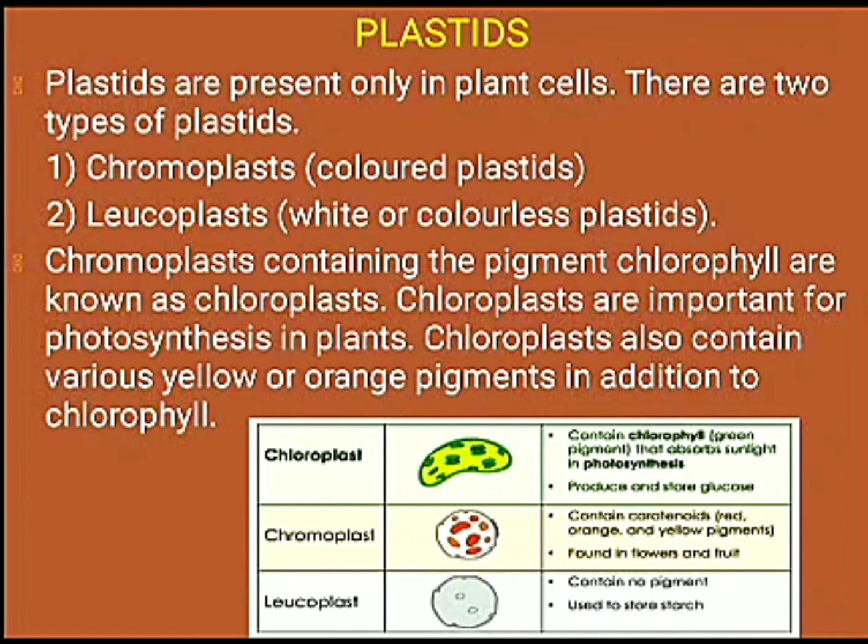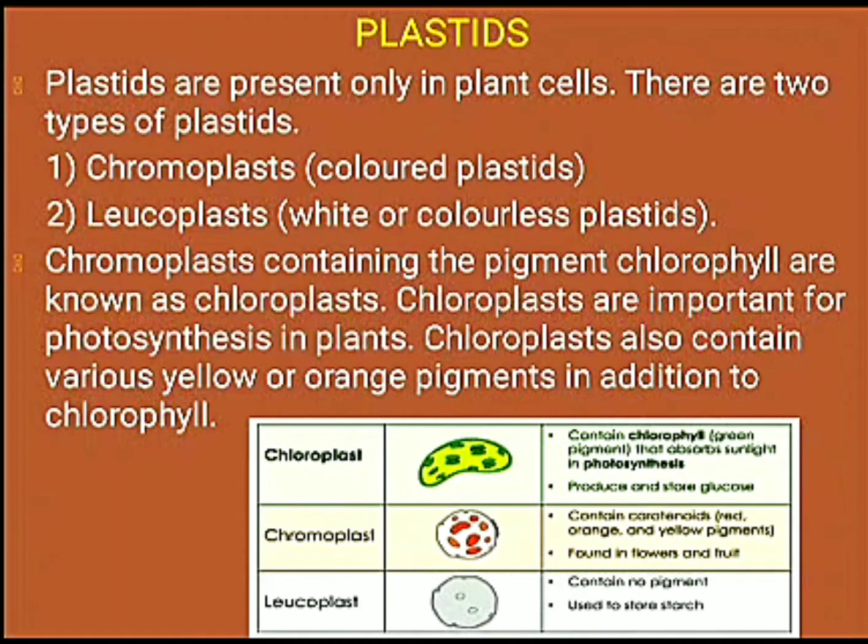Now let us talk about one more organelle which is only seen in plant cells but not animal cells. That is plastids. Plastids are present only in plant cells. There are two types of plastids. Number one, chromoplasts, which are colorful plastids, and number two, leucoplasts, which are colorless plastids.